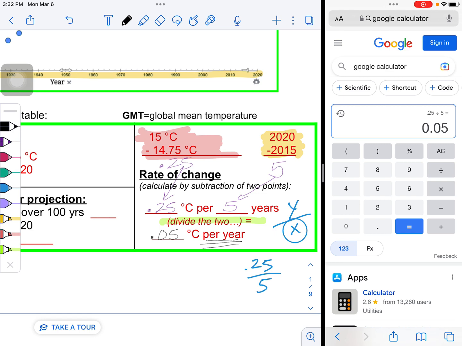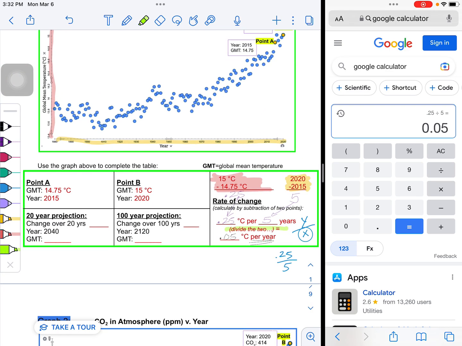And that is my rate of change that I'm going to use and apply to my 20-year projection and my 100-year projection. So I'm using this rate of change to fast forward, well, how much would it change over both a 20-year time and a 100-year time?